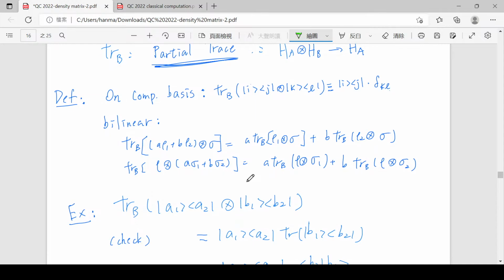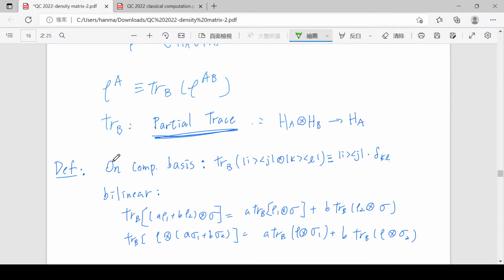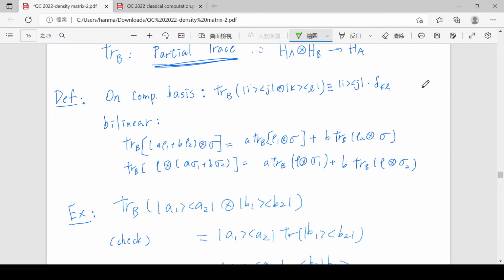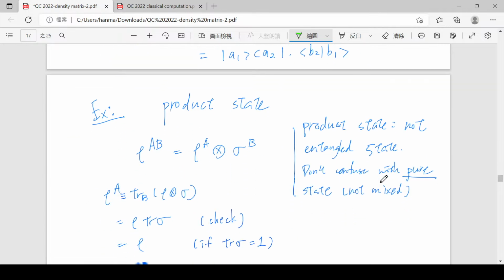And this partial trace operation, well, we have a definition here. This very axiomatic definition defines its action on the computational basis, and then for everything else, you just do linear extension.